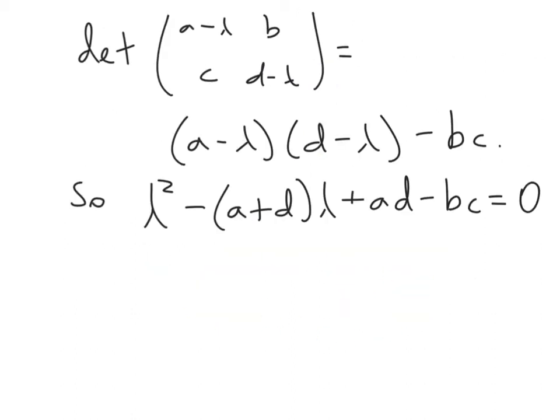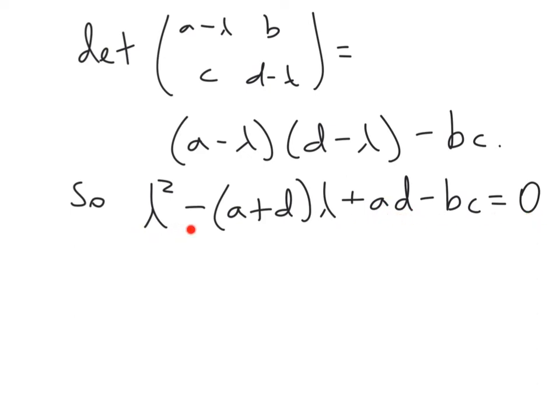And that's going to allow us to figure out values for lambda that do actually make this matrix singular. So the determinant of a minus lambda, b, c, d minus lambda is this expression: a minus lambda times d minus lambda minus b times c, and that simplifies to lambda squared minus (a plus d) lambda plus ad minus bc.